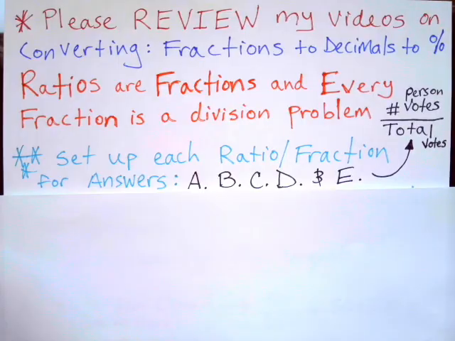I will try to read the questions, and if you recall, I went over the data for Jorge, Omar, Scarlett, Grace, and the votes they received over the total votes for boys and the total votes for girls. That's what we're going to use to set up our ratio proportions.